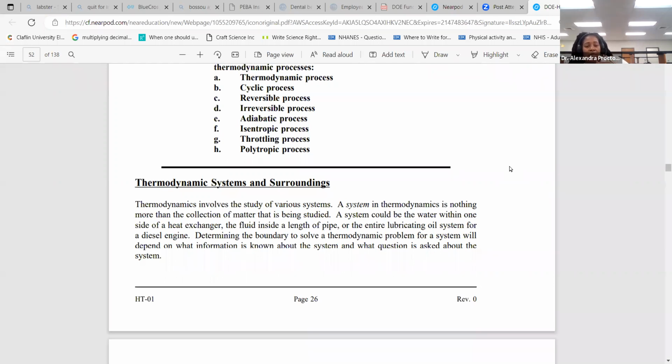And so as chemists, the way we mimic what is happening to try to understand a system is we do something called bomb calorimetry. It helps us understand what happens in a system and what happens in the surroundings. For me, it kind of looks like when you make ice cream.